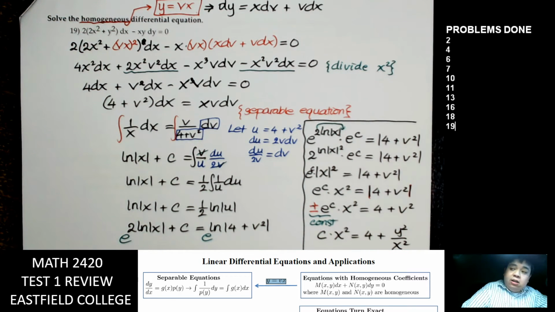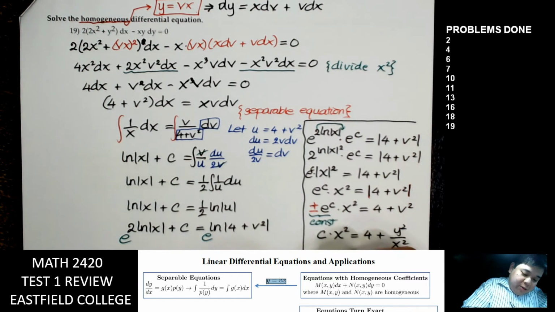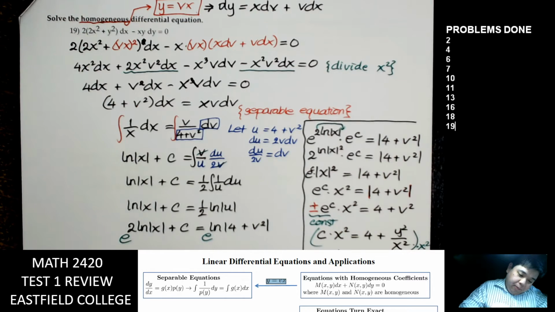So we have that. And then if we multiply x squared on both sides, we have cx to the 4th equal to 4x squared plus y squared.